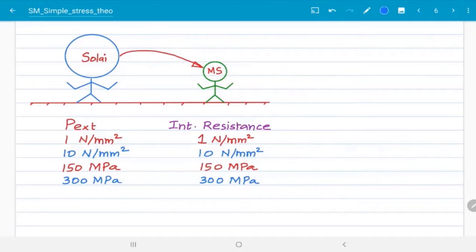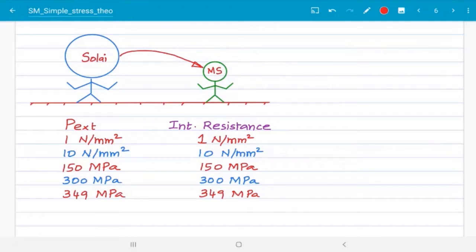Again, I'm increasing the applied load, 349 megapascal. The resistance is 349 megapascal. So I will stop here. The test is temporarily stopped.